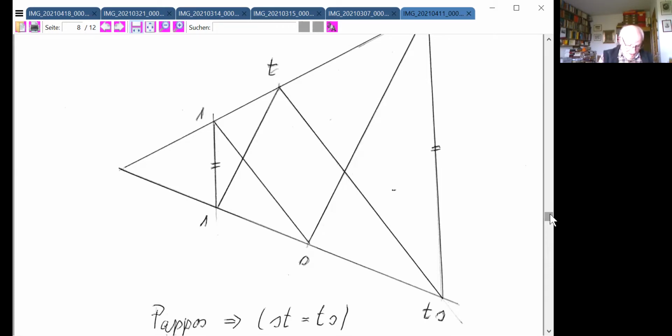Conversely, from 1 and T and S on the lower line, you can construct T times S. These are the laws of proportion. And TS and ST are equal if and only if the two lines, which I marked with kind of an equality sign, are parallel, and this is exactly the axiom of Pappus.